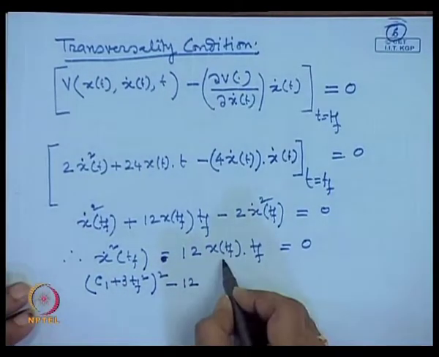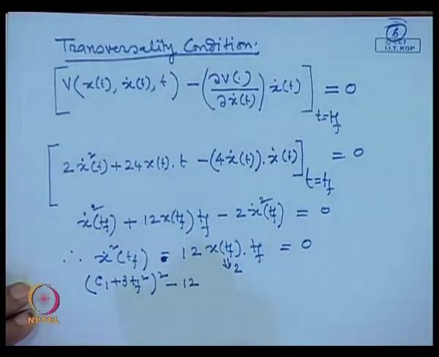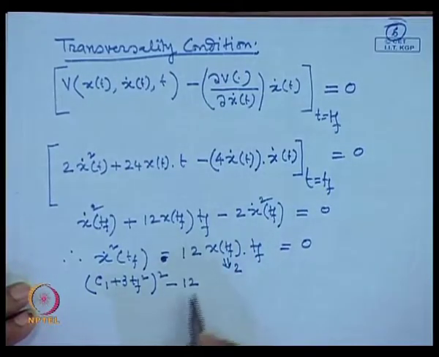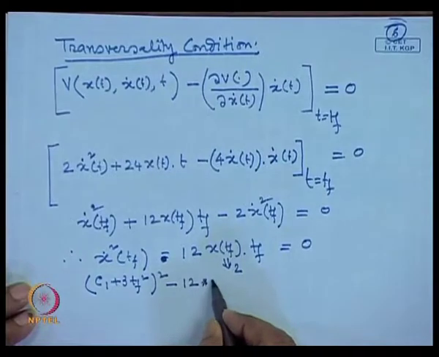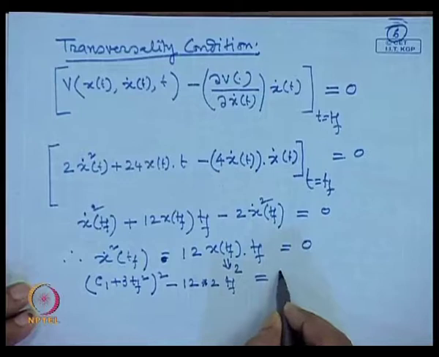So, x T f value is what? Say x T f value is 2, okay, x T f value is given 2. So, this is 12 into 2 into T f is equal to 0.